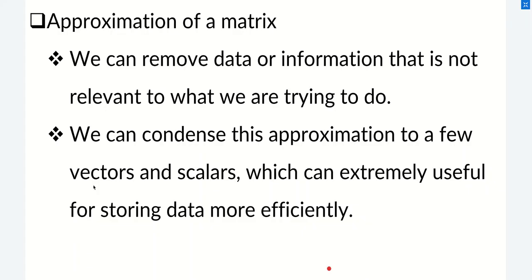Now, when you are dealing with data, remember that some data are not necessary. If I say they are not significant, they are not important. When you use them in your model, we say they introduce something known as noise. They are not relevant.